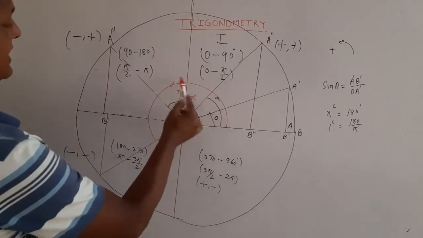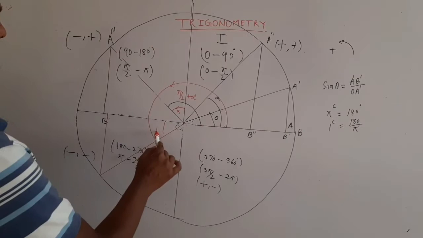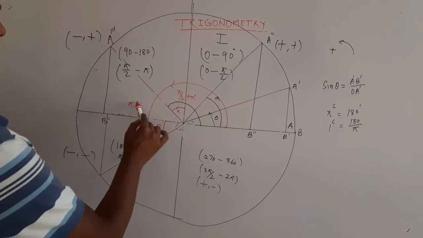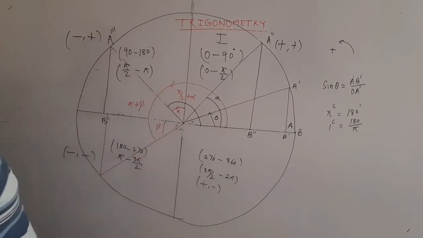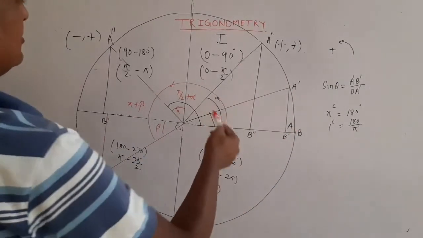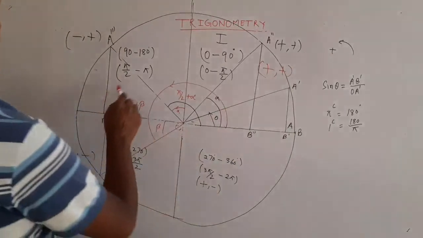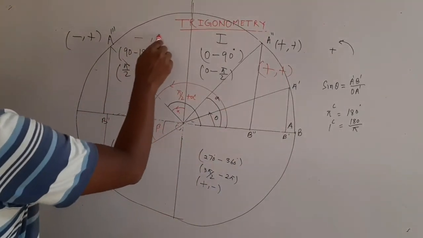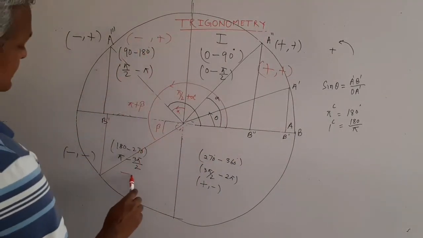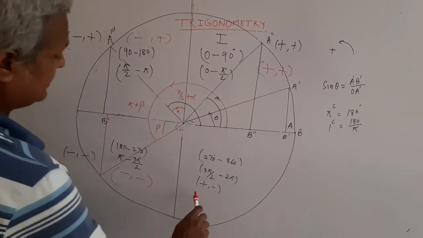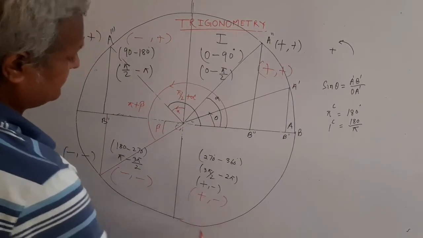So this is the angle, and suppose if you call it beta, then this is pi plus beta. Now in the first quadrant you just saw that this is positive, positive, this is negative, positive, this is negative, negative, and this is positive, negative.